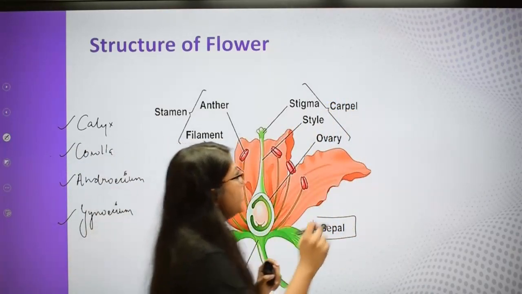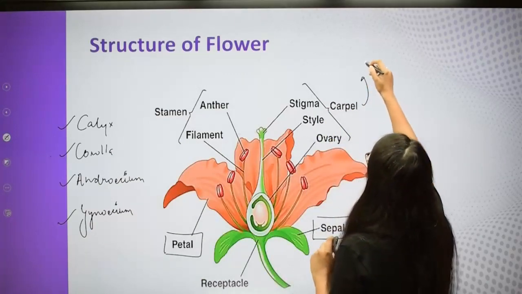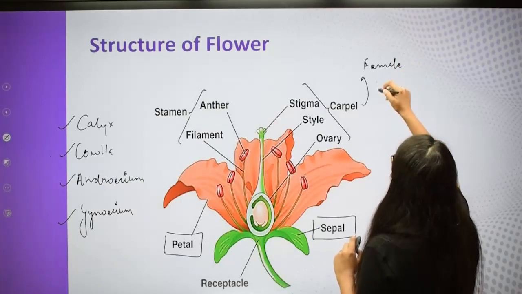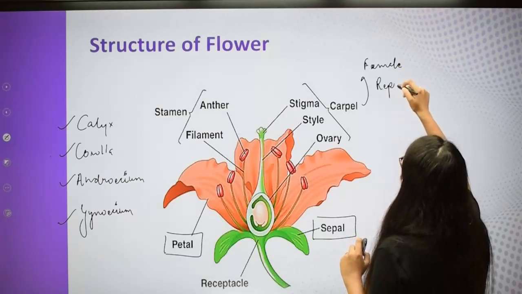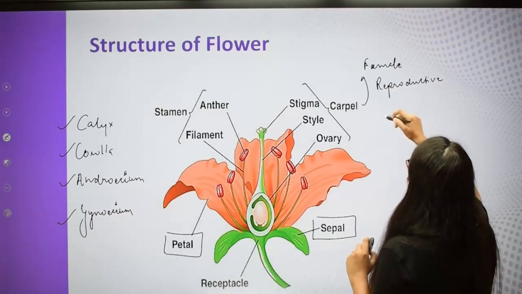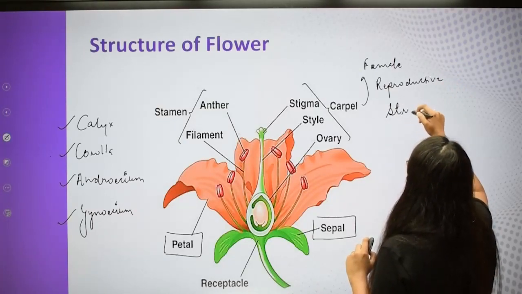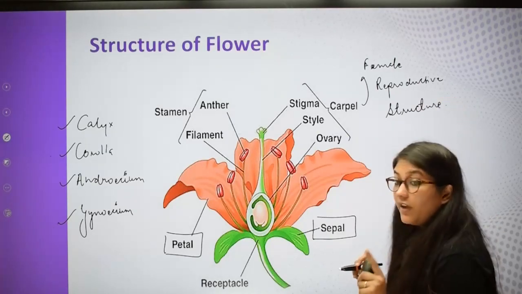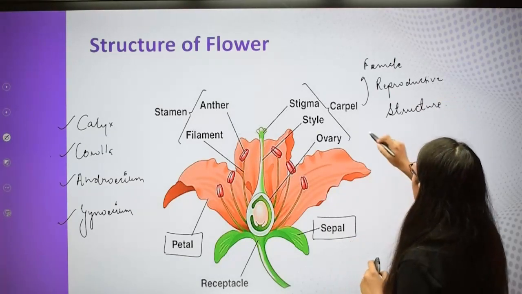What is carpel? Carpel is your female reproductive structure. Okay, so what are the various parts of the carpel? Carpel कैसा दिखेगा?